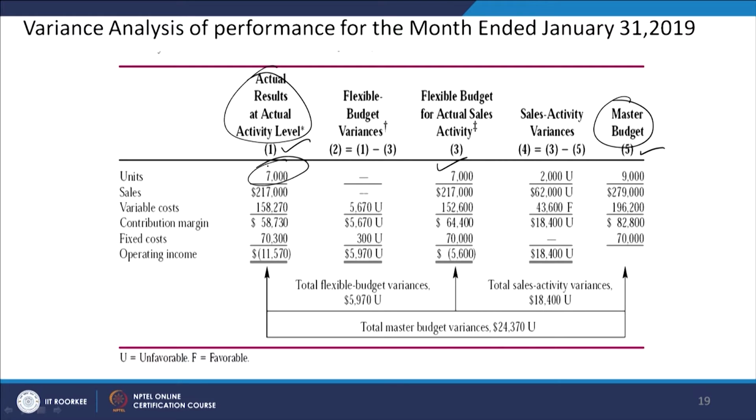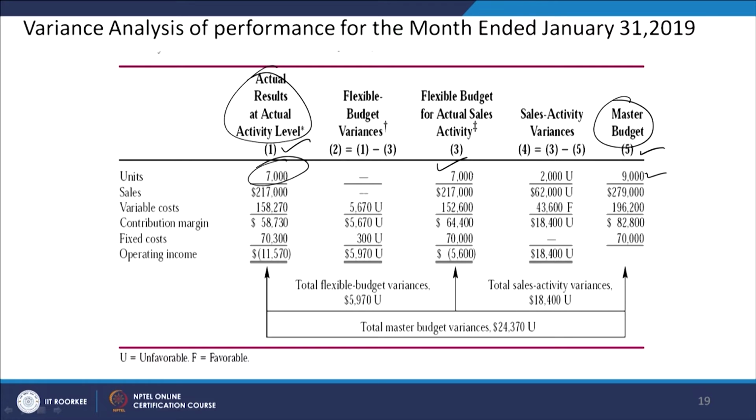First of all, the level of activity has come down from the 9 to 7. So, for the 9,000 units level of production and sales, if this much is the expected cost and finally the operating income, how it should be in case of the 7,000 units. So, we have found out here that your budgeted level was 9,000 units, actual is 7,000.